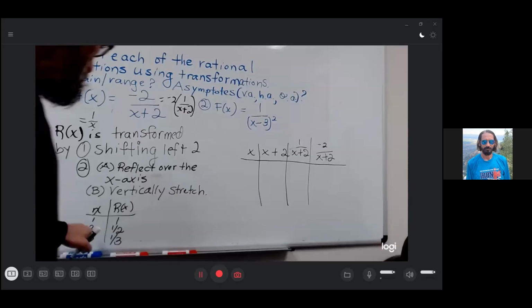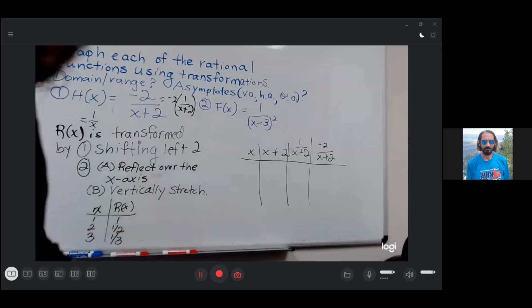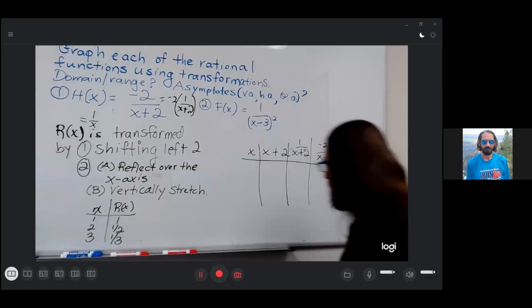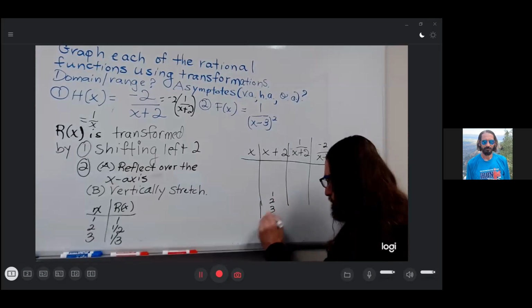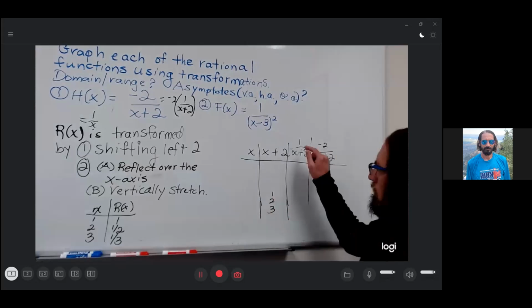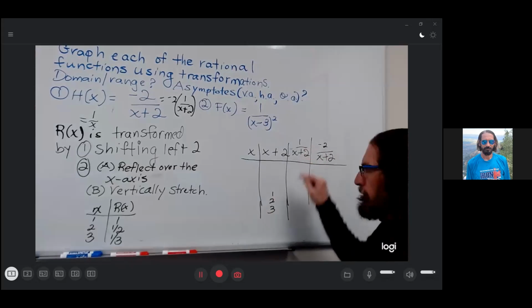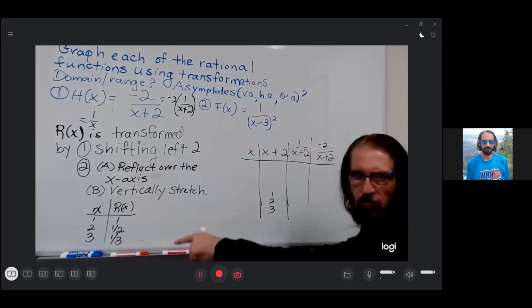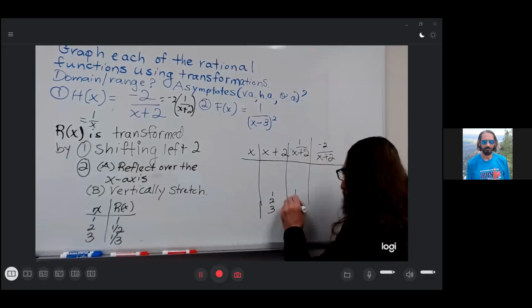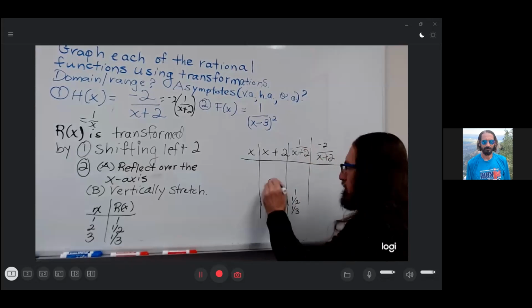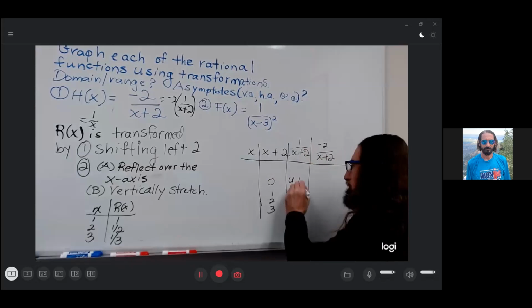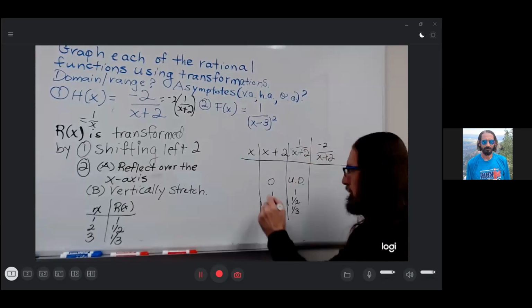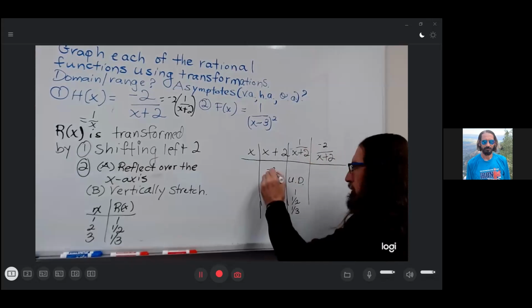Those original x values are now the x plus 2 values. So that putting in 1 over x plus 2 here, we'll get the same y values. We can't put in 0. That's going to make this undefined, or UD for short. And then our origin symmetry.